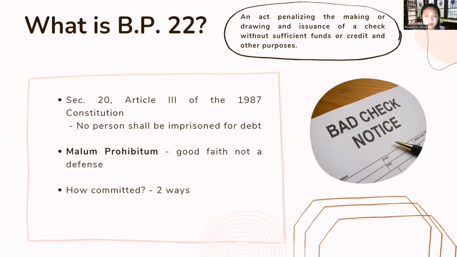As such, the law does not look into the intent of the offender, and as a consequence thereof, good faith is not a defense. BP 22 may be violated in two ways.